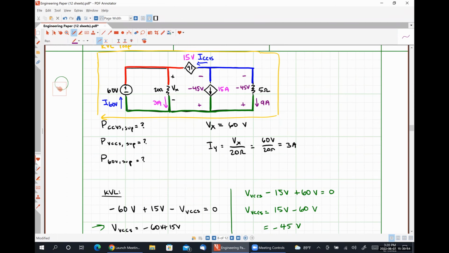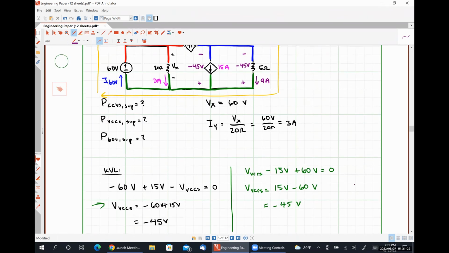Let's solve for the current I-60 volts first, because we had a suggestion way back when that effectively told us how to do that. And I told you that we needed to know the current through the 5 ohm resistor first, and we just figured it out, okay? So I'm going to use KCL formulation number 1 on the bottom node here.